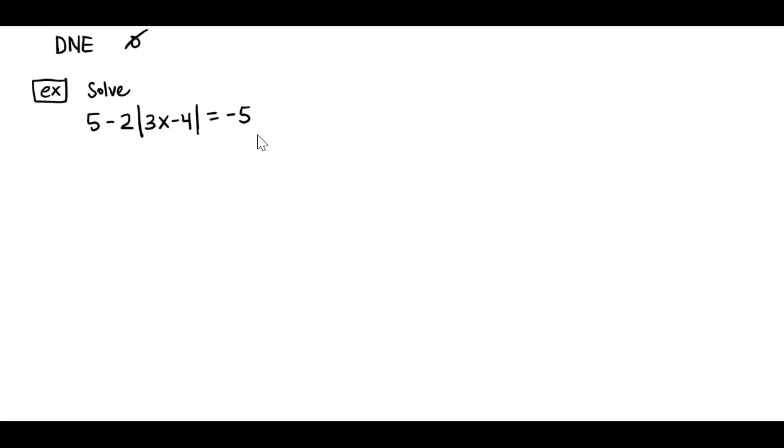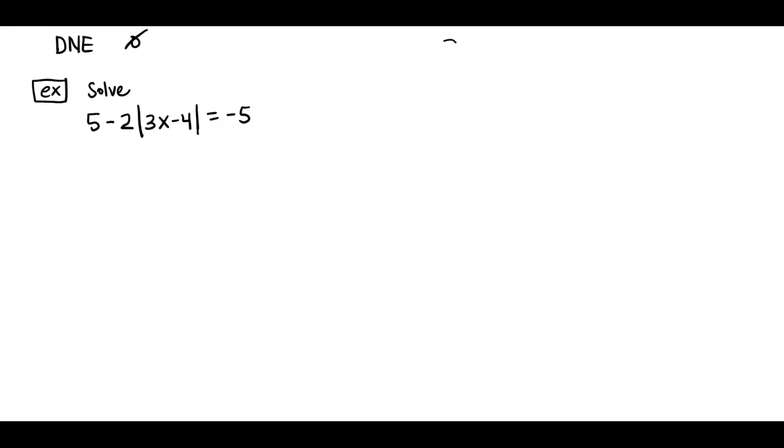And so we have this 5 and we have this negative 2 here. And so we need to think about what we need to do with this. And let me just point out something that a lot of students try to do: when they see this 5 minus 2 out in front here, they think, oh, I need to do 5 minus 2 first. But that's not what you're doing here. We're trying to solve this to get the absolute value part by itself.